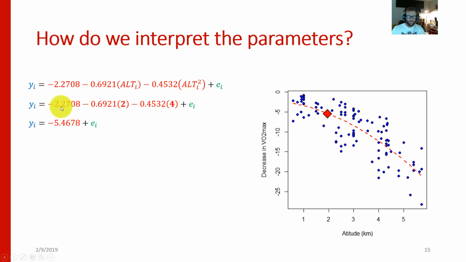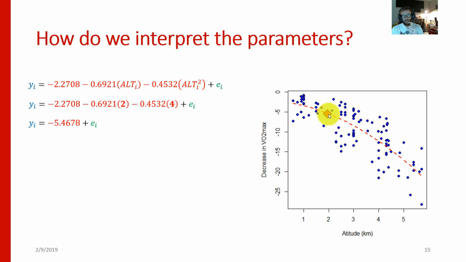So we have negative 2.2708 minus 0.6921 times 2, minus 0.5432 times 4, which ultimately reduces down to negative 5.4678, which we can see agrees with what we've plotted on the line here. At an altitude of 2 kilometers, we've decreased by negative 5.5 or so milliliters per kilogram per minute in the VO2 max.